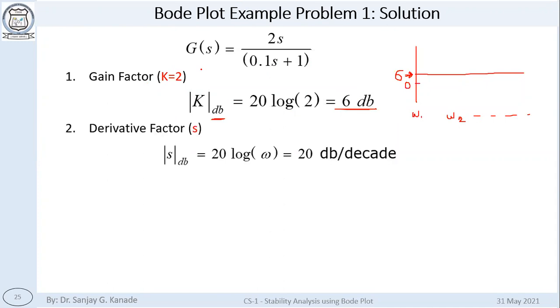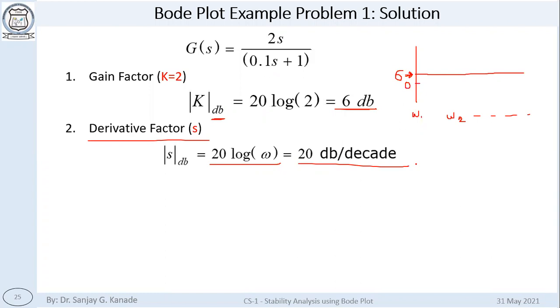Then by the derivative factor, what is the contribution? We know already, right? A derivative factor contributes 20 dB per decade. This is again a straight line, but from where shall I draw this?